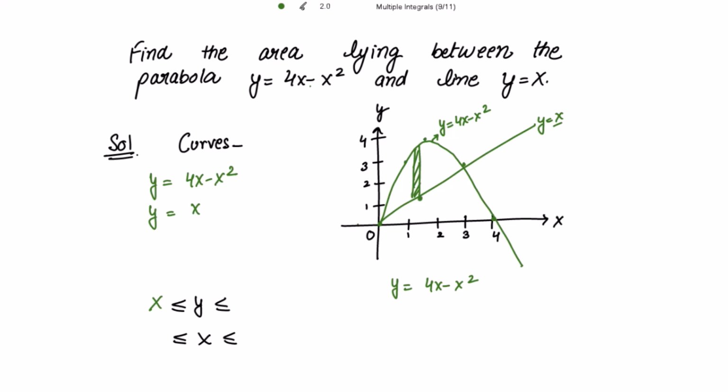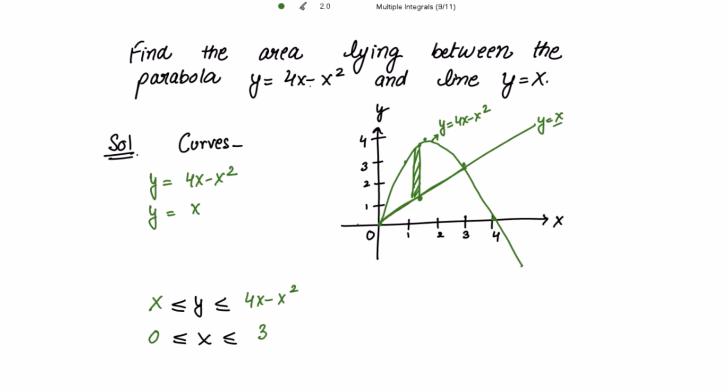So at this point y is equal to x, so this is your lower limit. Reaching this point, y is taking the value 4x minus x square, so the upper limit is 4x minus x square. And then for the limits of x, you are noticing that x is varying from 0 to 3.